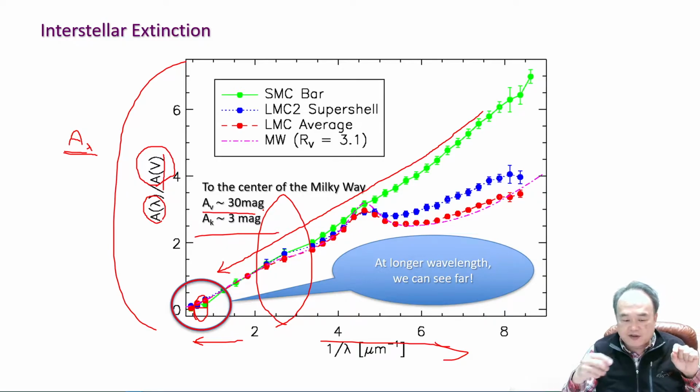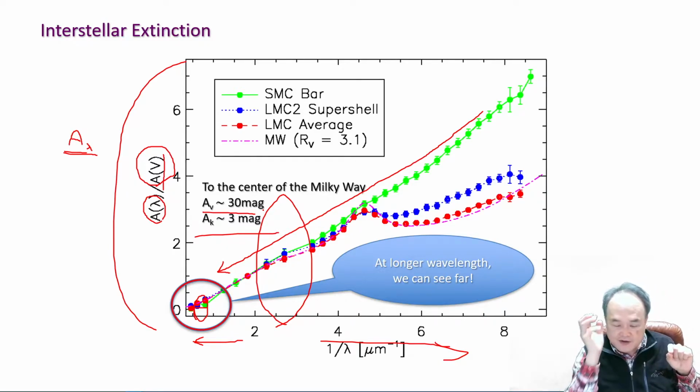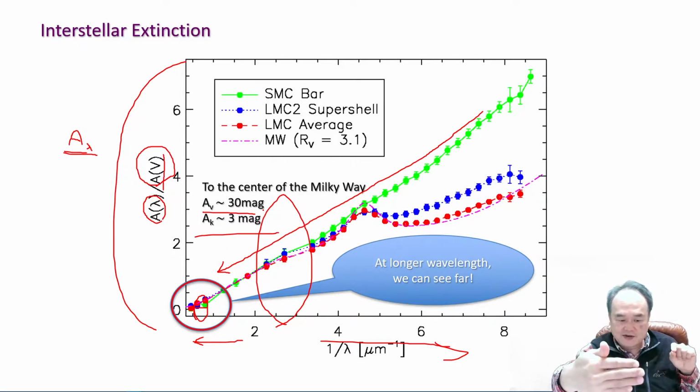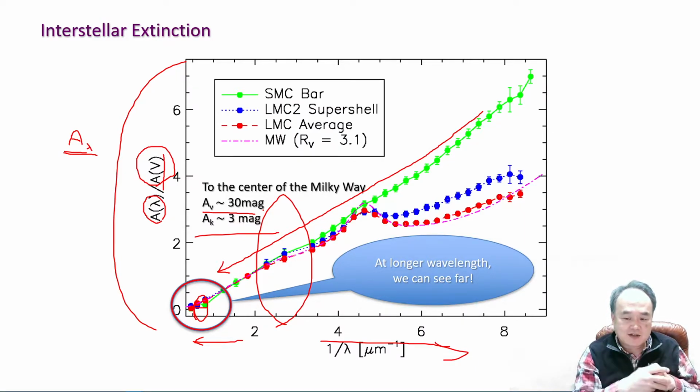At the K band, the amount of extinction is only 3 magnitudes. That difference is 27 magnitudes. Remember that every 5 magnitudes is a factor of 100, so that means almost 100 billion times difference in brightness.